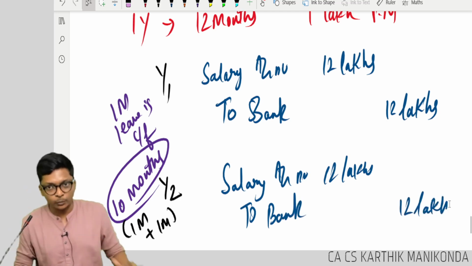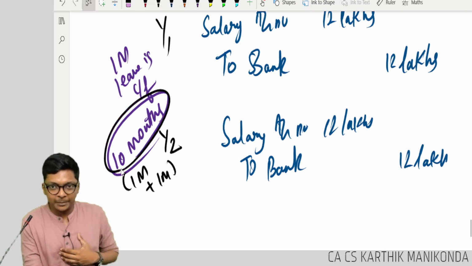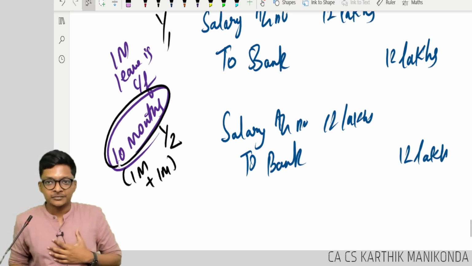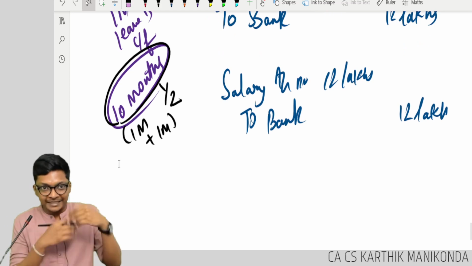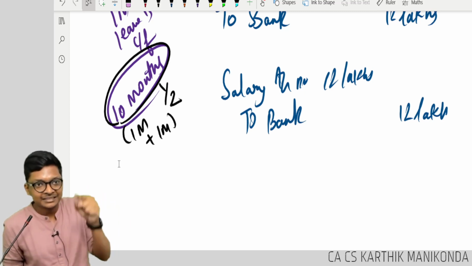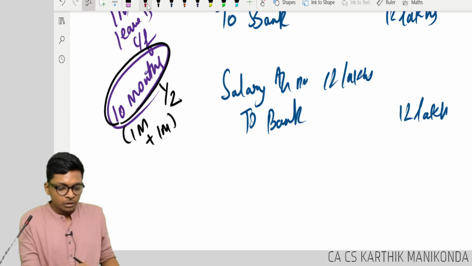Now I have a simple question here. Why 12 lakhs? He worked for 10 months, but he will get 12 months' salary. That only is the concept of paid leave. He will get the full salary even though he worked for 10 months because he has last year's 1 month and this year's. Guys, this is the concept, correct? Now follow.